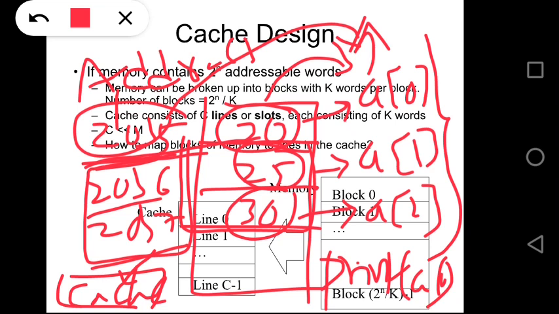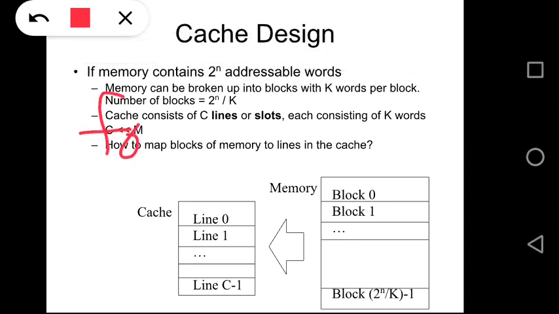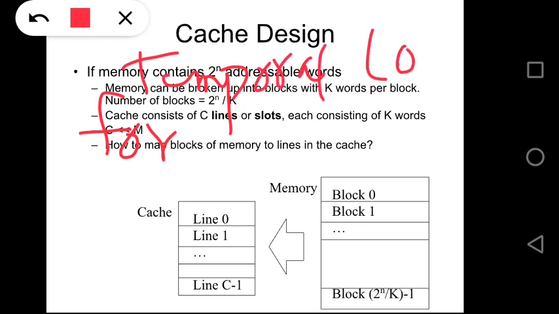And the first one, temporal locality of reference. For temporal locality of reference, the best example is a for loop.